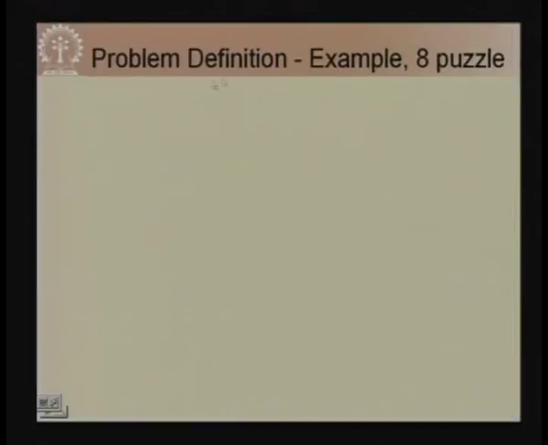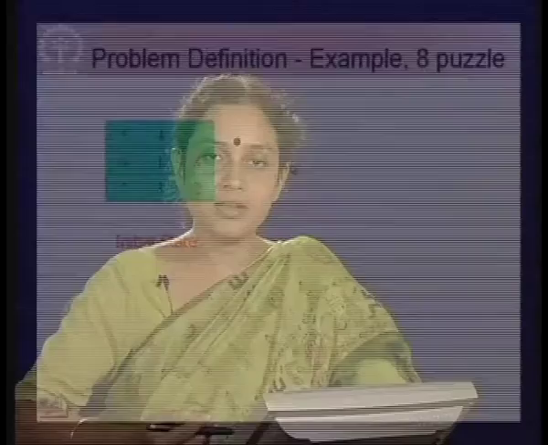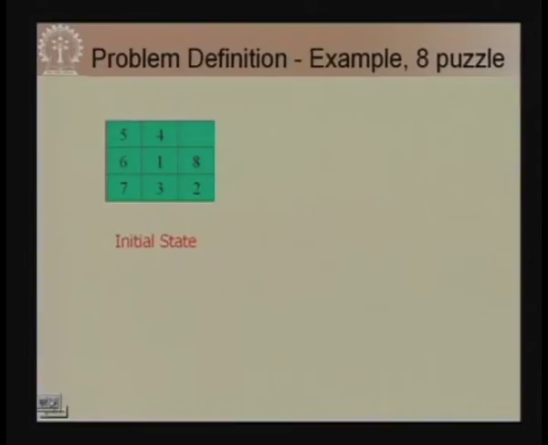So let us take as an example the 8 puzzle problem. Many of you may be familiar with either the 8 puzzle or its cousin, the 15 puzzle. In this 8 puzzle problem, there is a board consisting of 9 squares and there are 8 blocks, numbered 1, 2, 3, 4, 5, 6, 7, 8.